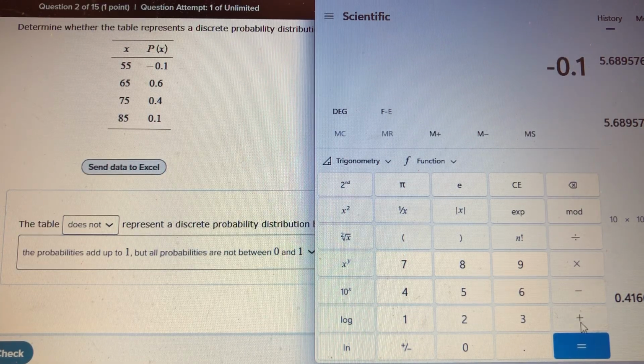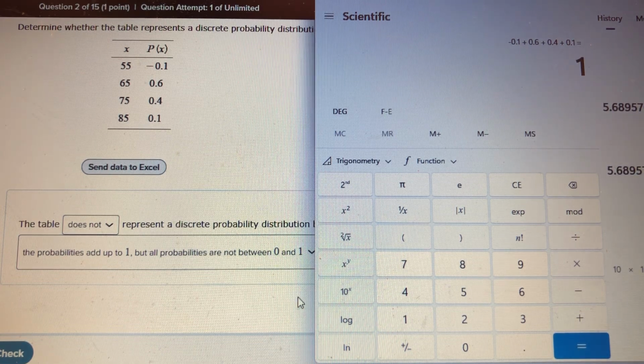So what if I just put it as is and then add all the rest of them? This adds up to 1 because the negative 0.1 and the positive 0.1 cancel out. So that's Rule 3, that if you have a legitimate probability distribution, all the probabilities are supposed to add up to 1. So technically this one meets Rule 3.